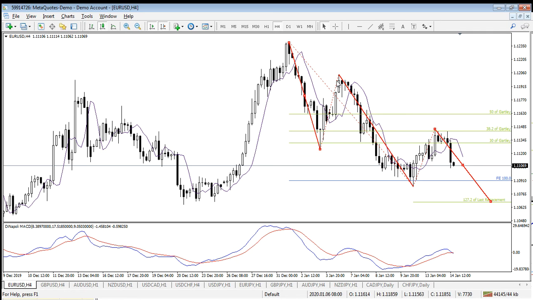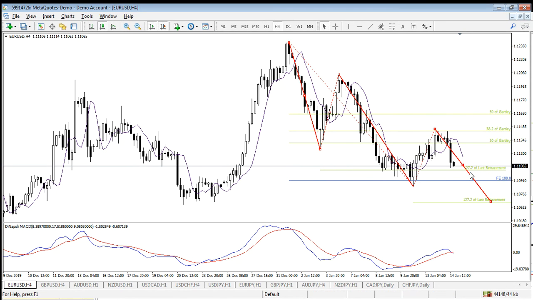This butterfly is also measured as per this first retracement, and 127.2% is the minimum completion point of the butterfly. So that was the 127. If you plot Fibonacci here, then we'll have this 127.2, this line.